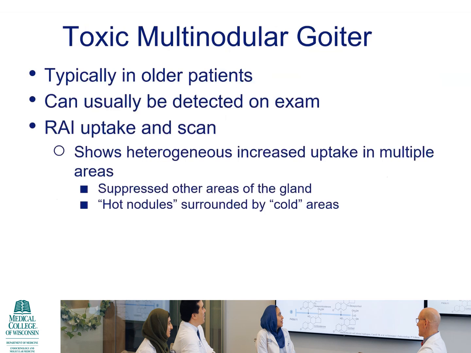So they have multiple areas of what we call hot nodules and cold areas. So the hot nodules are nodules that are hyperfunctioning and pick up iodine, and the cold areas are the surrounding tissue that doesn't pick up iodine. Patients that have toxic multinodular goiters have negative TSI, or thyroid stimulating immunoglobulins or TSH receptor antibodies.